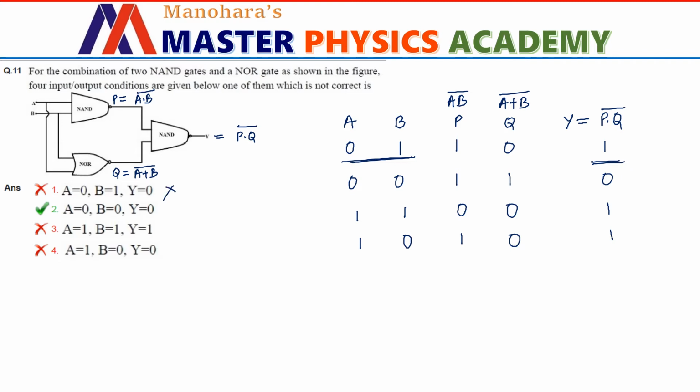For the second case A0 B0, the output is 0, so this option is correct. For the third case, that is A1 B1, the output is 1, this is also correct. Then the final case, that is A1 B0, we are having output 1, which is wrong.